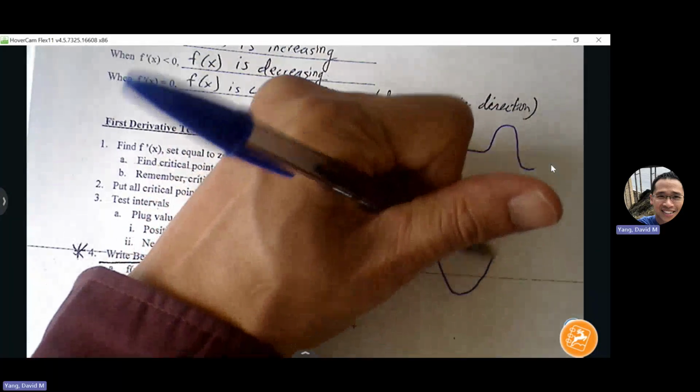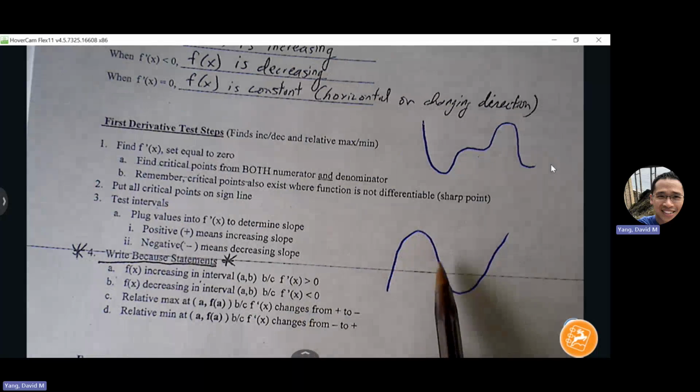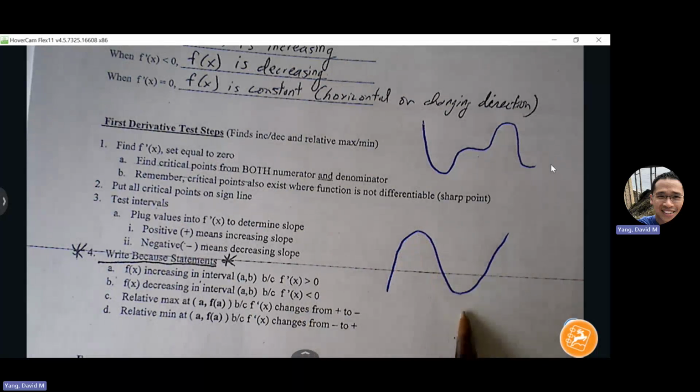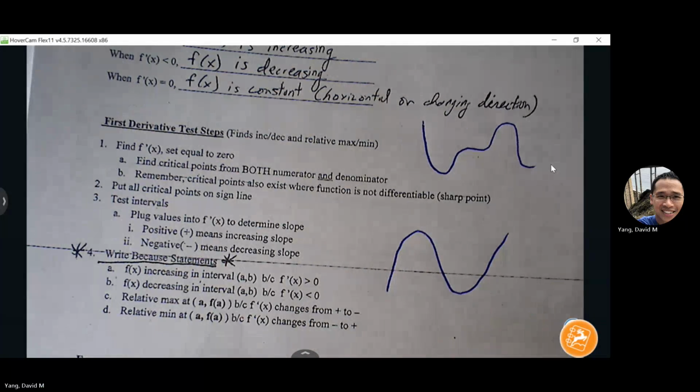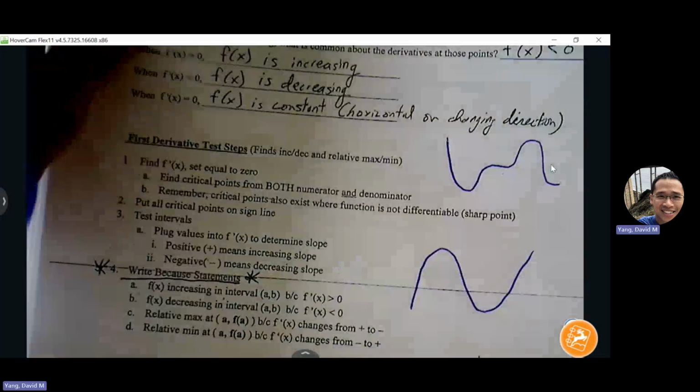A relative max, okay, we can say that there is a relative max because f prime changes from positive to negative, and a relative min because f prime changes from a negative to a positive. Okay, so the process that we're going to go through is going to feel very much like what you've been able to do on the previous quiz with particle motion.